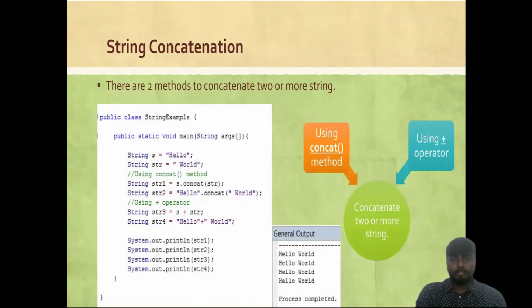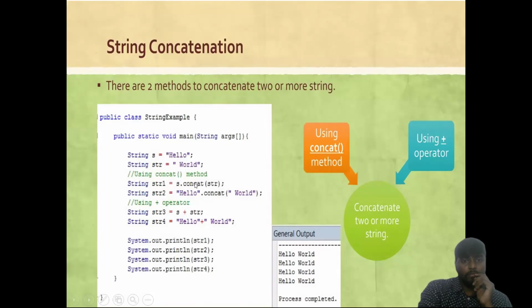String concatenation. In the program, this is the concatenation of two or more strings. These are the two ways, method or operator: using the method concat or using the operator plus. See here the two strings s and str, hello and world. And we have created two or more objects, str1 and str2. str1 is s dot concat str.